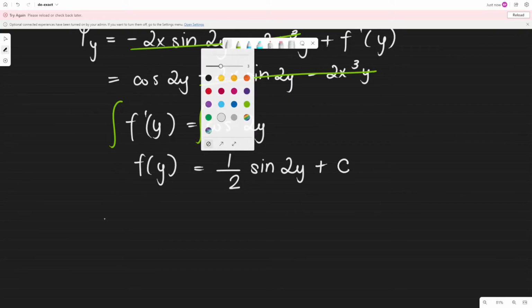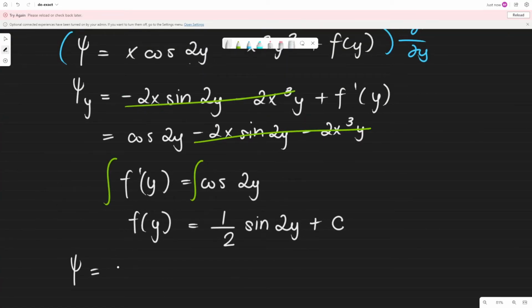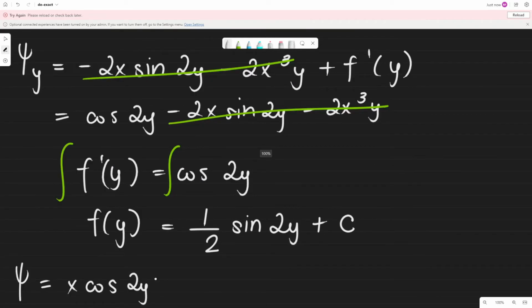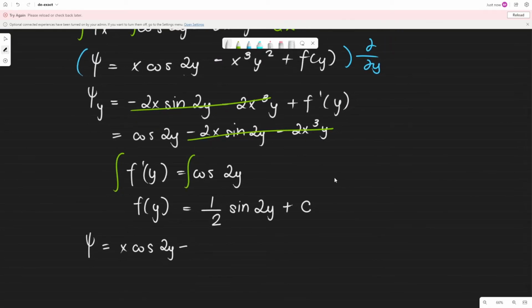So we will have psi is equal to x cosine 2y minus x cubed y squared, plus 1/2 sine 2y plus c.